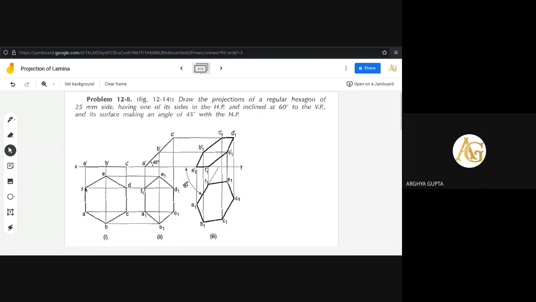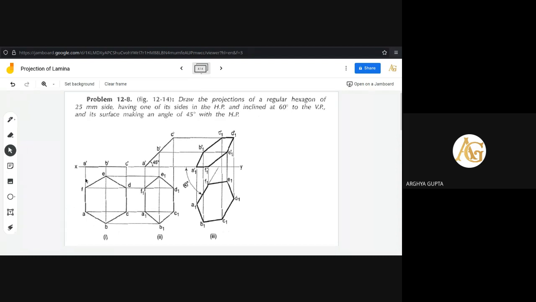Firstly you have to draw a vertical line, and from that vertical line, 120 degrees at one side, 120 degrees at the other side. This can also be drawn with the 60 degree set square. Or if you find it difficult, then draw a circle, as I have already told you how to draw a hexagon inside a circle. Please follow that method. That is easier than the angle method. So you can draw that inside the circle also.